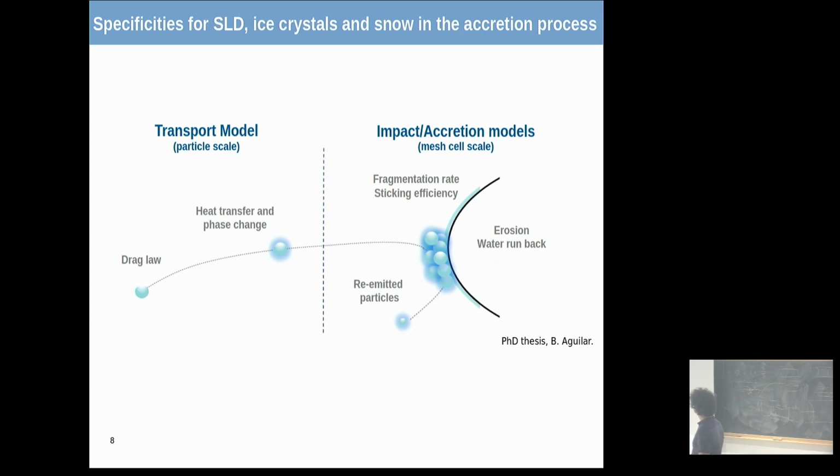And then at impact and even at the accretion model, where there may be some re-emitted particles, and we can go downward, led by the airflow. There is a partial sticking efficiency of the particles, which may be difficult, as Claire showed, that it is a main input of the accretion model, so we have to characterize accurately this one. And due to solid particles, there is some erosion process which may happen with these typical conical ice shapes, which have to be characterized.